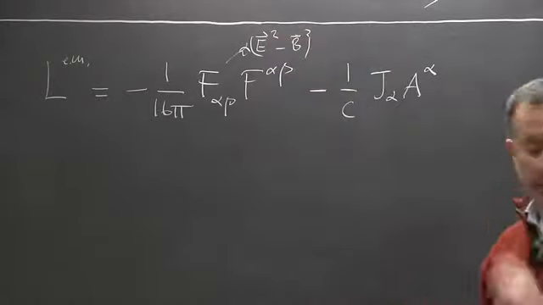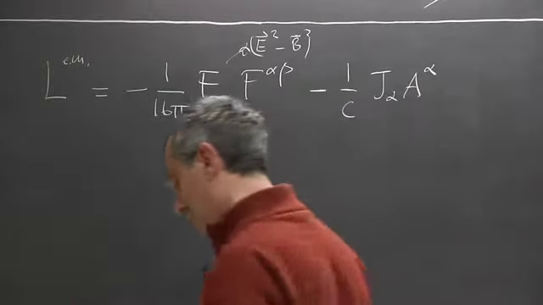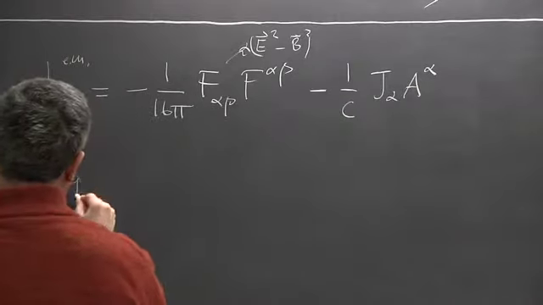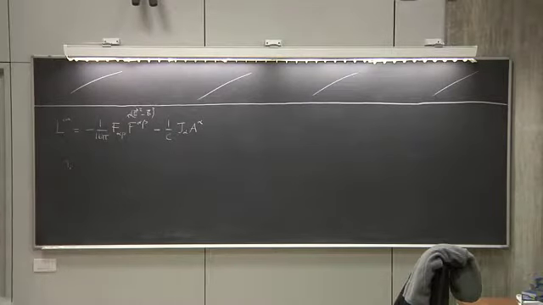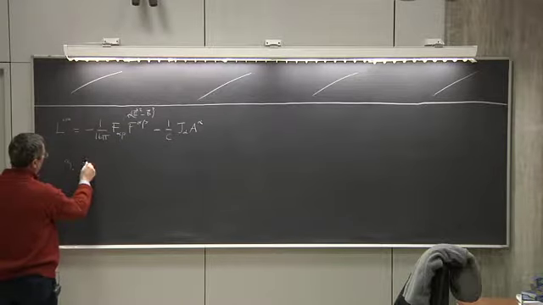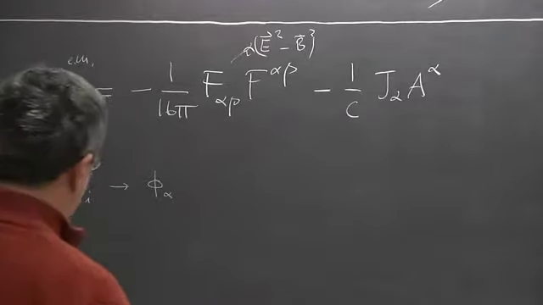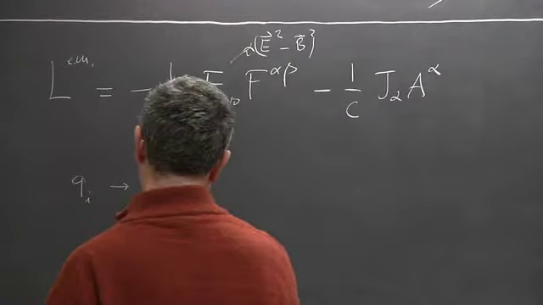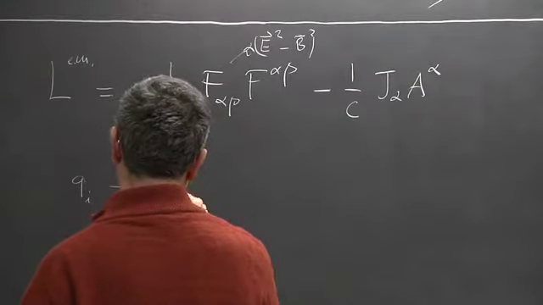So the only question is, what are the Lagrange equations in this case? As I said last time, we are used to thinking of generalized coordinates, and what are the generalized coordinates in this case? Well, they become fields, right? So they are components of the field.